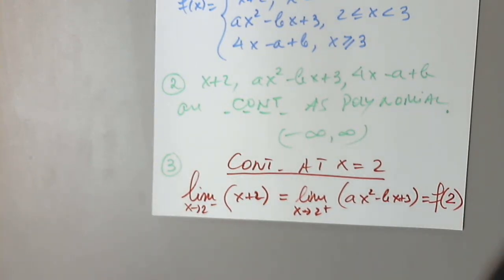Great job. That is true, right? A function is continuous at a point if the function value and the limits left and right all exist and are the same. Agreed? Perfect.